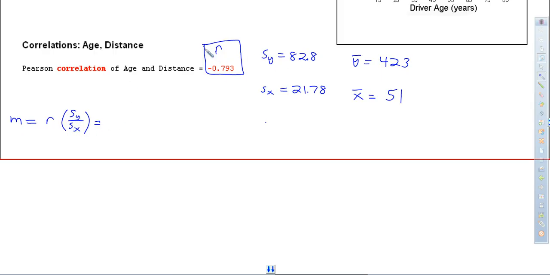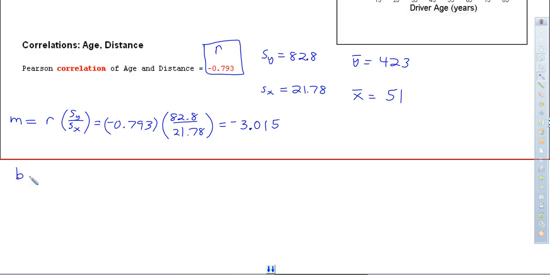So we have r first, which is negative 0.793, times the standard deviation of y, 82.8, over the standard deviation of x, 21.78. Plugging all that in or taking some steps, you should get approximately negative 3.015. We have our slope. Now what?